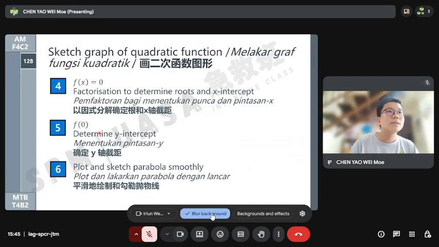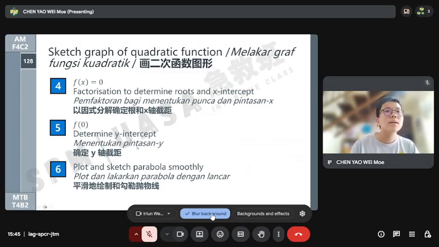So you already know about this one. We're using our knowledge to determine the y-intercept. From the f(x), from the equation, we can determine the y-intercept and plot and sketch the parabola smoothly. So that's all for our topic today.